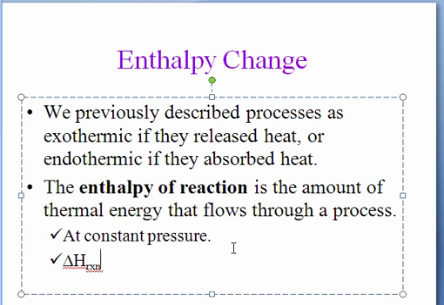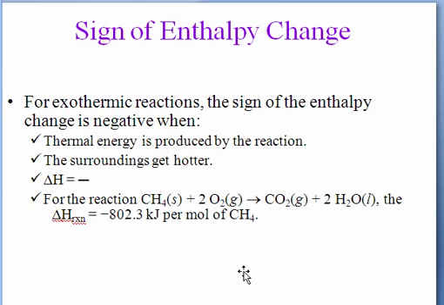And all chemical reactions either give off heat, which means they're exothermic, or they absorb heat, which means they're endothermic. And the symbol we use to describe enthalpy change is the capital Greek letter delta and capital H, and then we just put RXN as a subscript to indicate we're talking about a specific reaction.